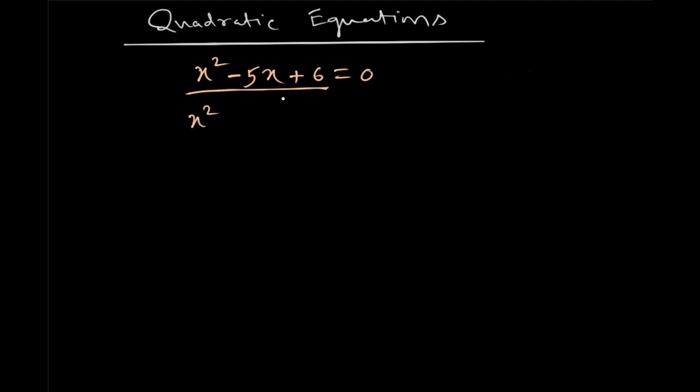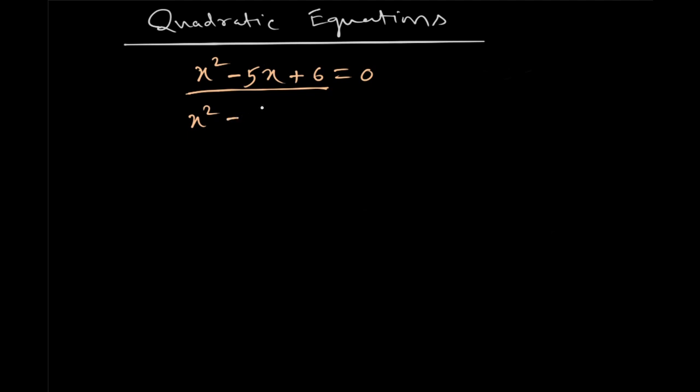If I take 3 and 2, we can take minus 3x and minus 2x. So minus 3 into minus 2 is 6, and minus 3x plus minus 2x will be minus 5x.